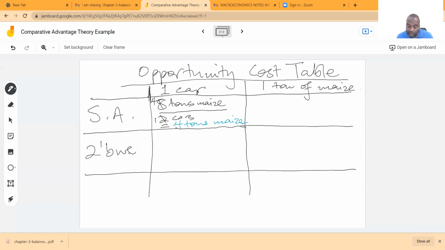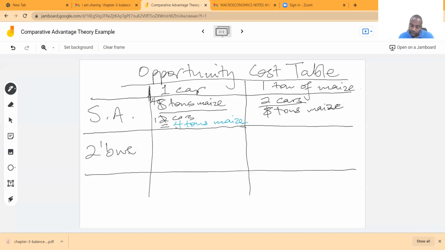So it stands to reason that for a ton of maize, it has to be a fraction of a car. So we'll say 2 cars divided by 8 tons of maize.